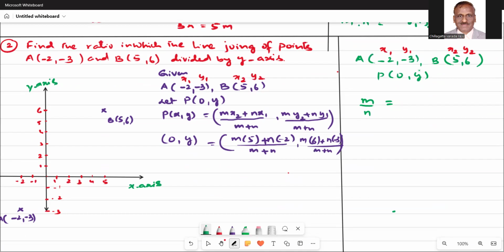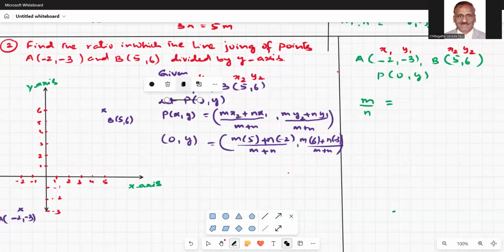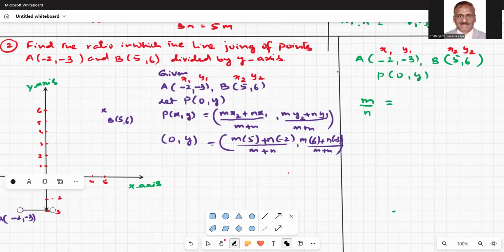What you have to do is just join those 2 points and check how the figure appears. Let me join the 2 points which are given to you. The point A is minus 2, 3 and point B is 5, 6.